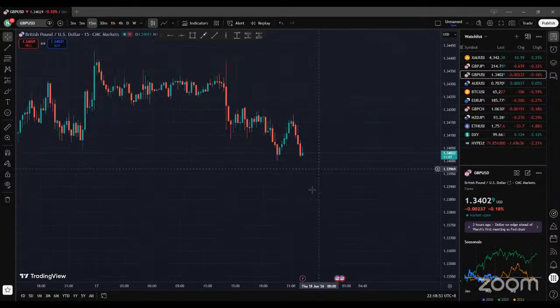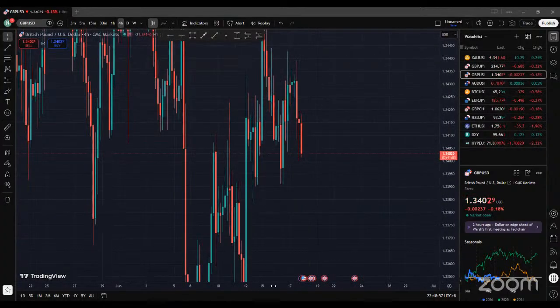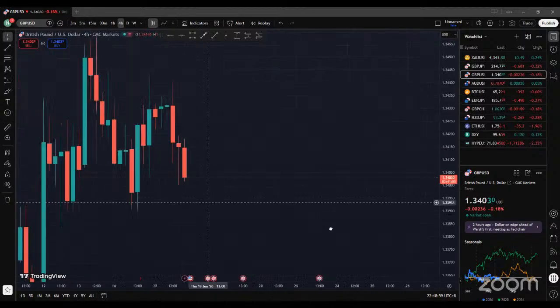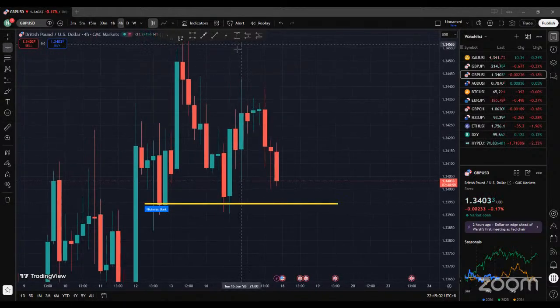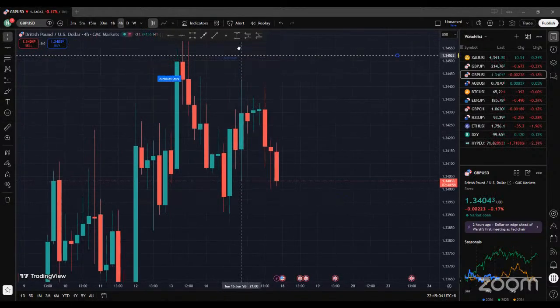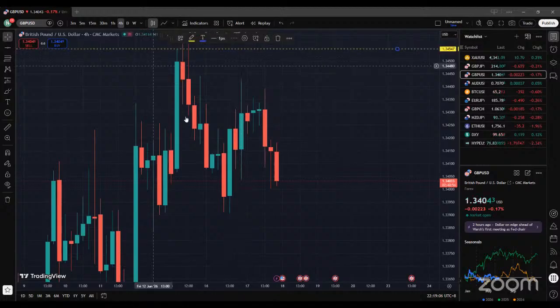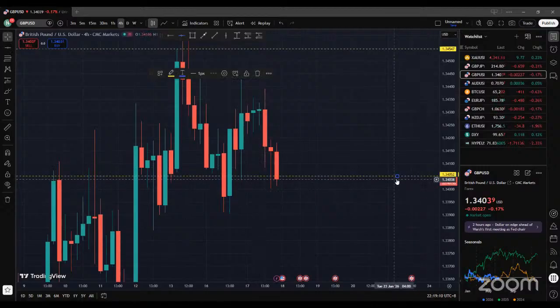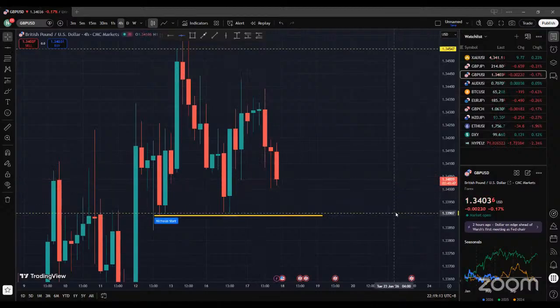Mark your zones first, bro, on the hour 4 so that you don't get confused. Put it on the highest point and the lowest point. Currently that's your highest support resistance spot, and resistance is going to be all the way down here.